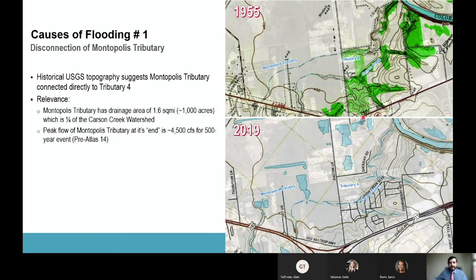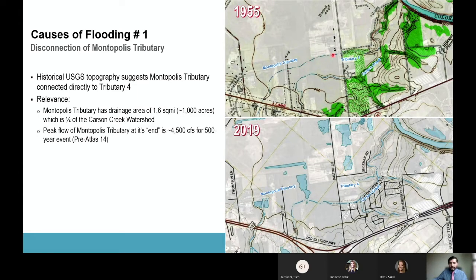On the right side, we have 2 photographs, both USGS topo maps. The top one is from 1955, and the bottom one is from 2019. They are topo maps for the same area. On the top photo, Carson Creek runs through here, and Montapolis Strip goes through here, but it doesn't join Carson Creek right here.